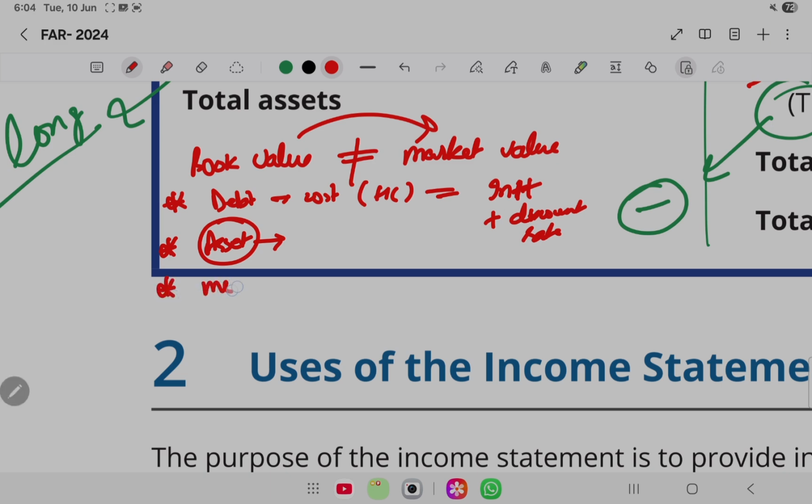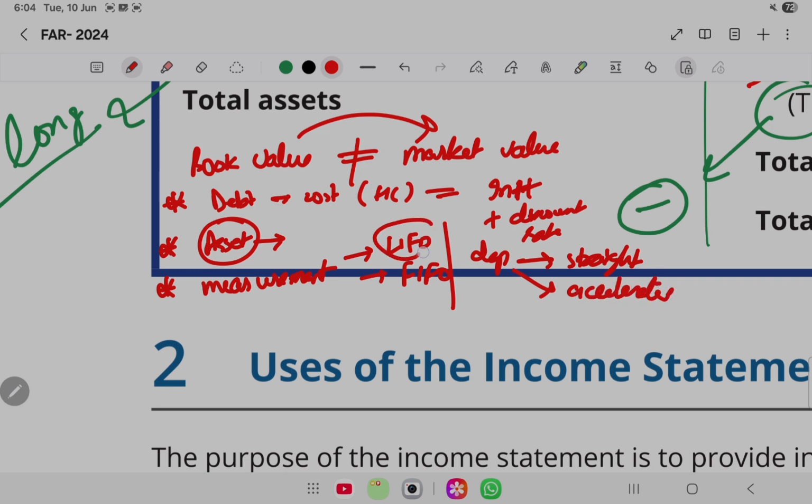Also the measurements are subjective in nature, making comparison difficult between two companies or for the industry. Like the valuation method for inventory could be LIFO or FIFO. Same for depreciation, it could be straight line or the accelerated method.